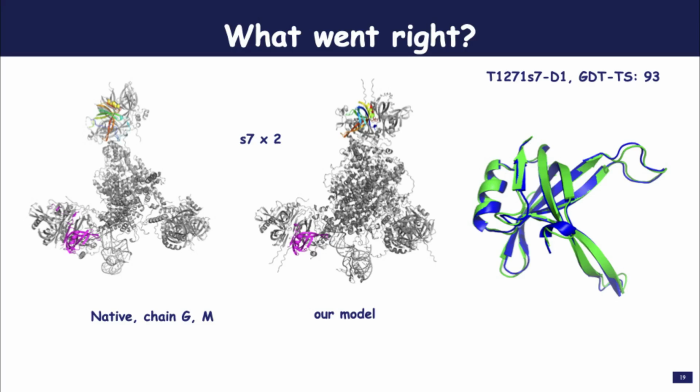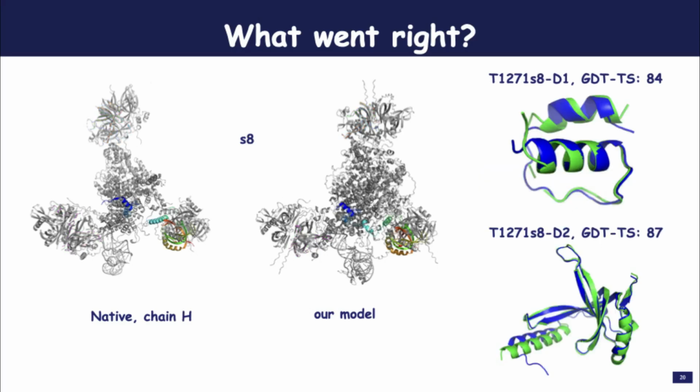Then S7, and the last one, another subunit in the evaluation. You can also see it matches very well, especially this domain. If you predict it isolated as a monomer, you cannot get it very well. So this is what we did for this special target.